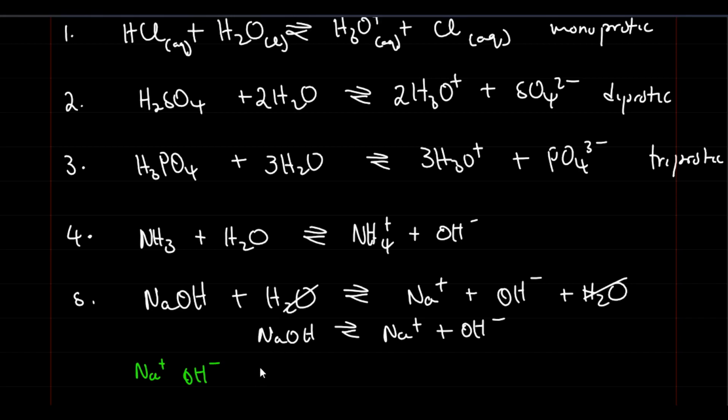And then there's a water molecule, you see. If this OH minus takes this H, I'm going to be left with another OH minus. So it's like nothing happened. That's why I say there's no reaction between the sodium hydroxide and water. There is no ionization, there's only dissociation, you see.